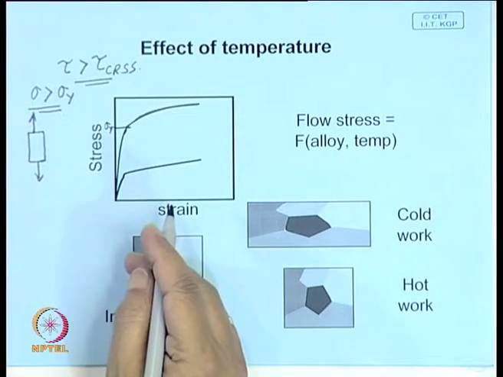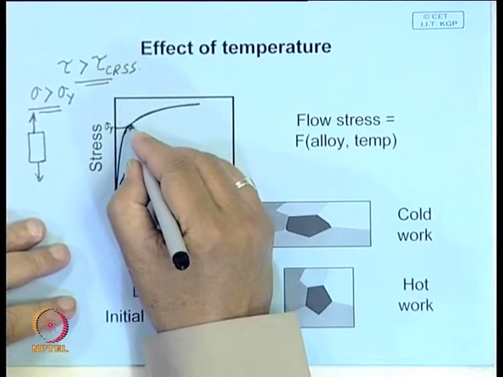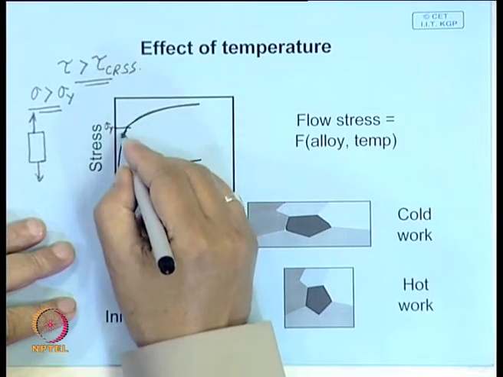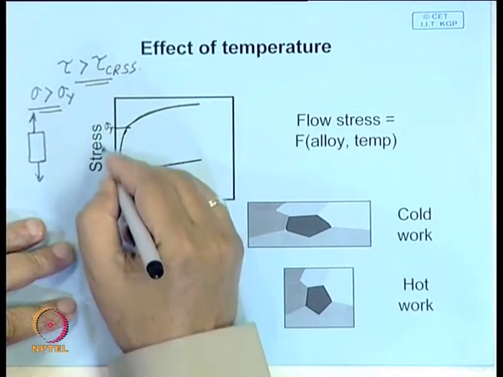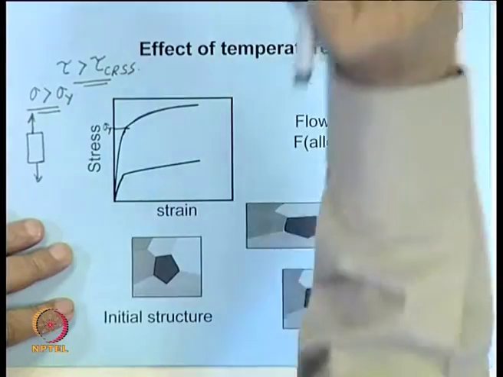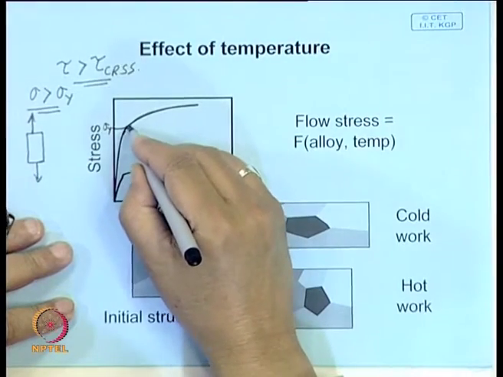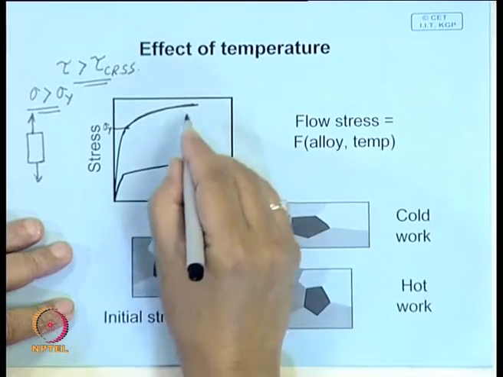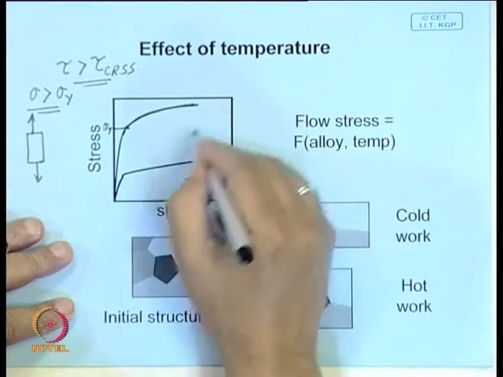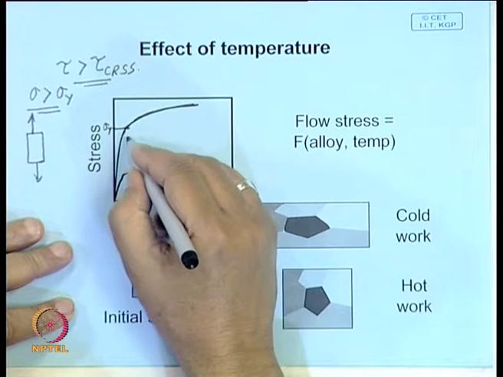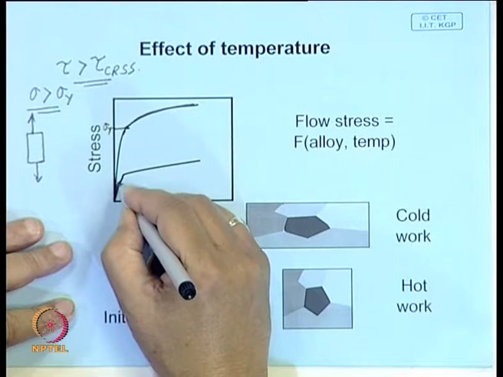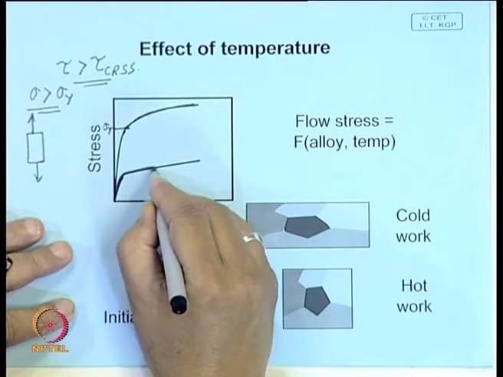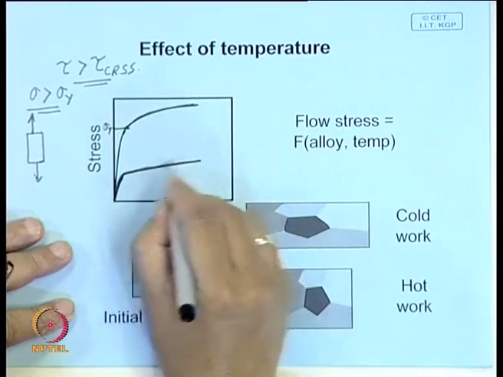And in the case of metal working, we are more interested in this part, and we often ignore the elastic part. Let us see what is the effect of temperature. If you increase the temperature, you will find the yield stress goes down significantly, something like this.